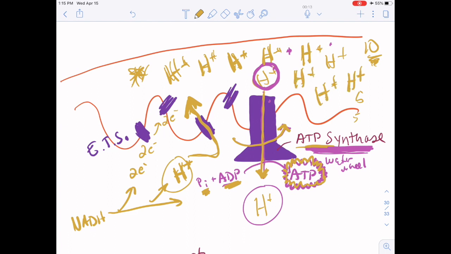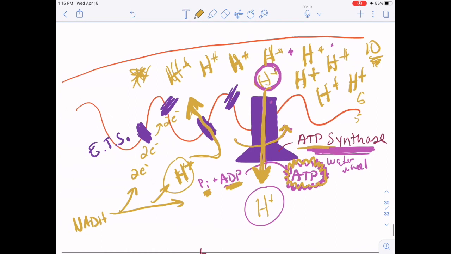And as the protons equalize the gradient by flowing through ATP synthase, that gives ATP synthase the energy that it needs to put this phosphate group back onto ADP to make ATP. So freaking cool. Your cells make energy through diffusion, and they use protons that come from hydrogen atoms to do it.